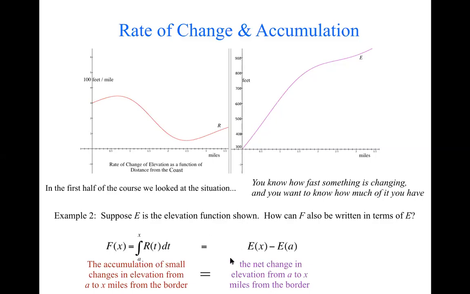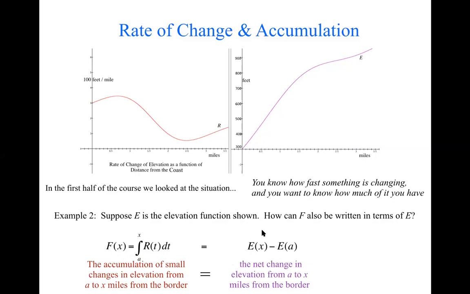And so if I know function E, I should be able to find R or F from that. But if I know R, I should be able to find F, or with a little bit of extra information, function E, this actual overall elevation, from function R. Because I can find F.